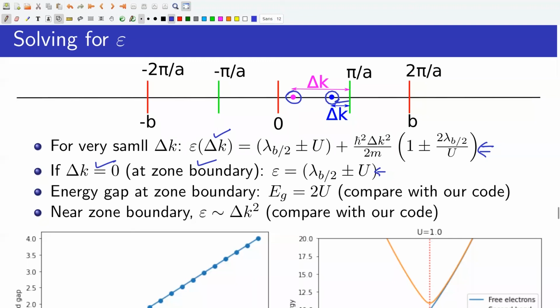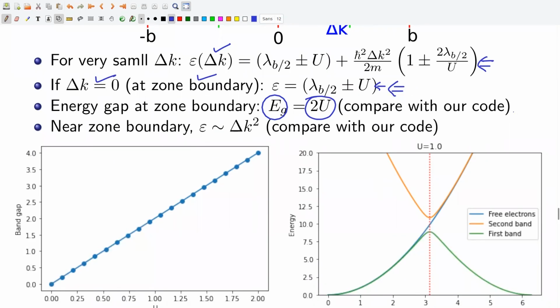We know that the energy gap at the zone boundary between the first band and second band is defined as the band gap, and from this expression we find that the band gap is equal to 2u. Thus if we compare with our code, then it matches exactly what we have found in our code.